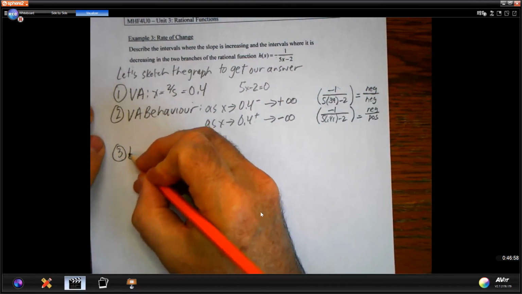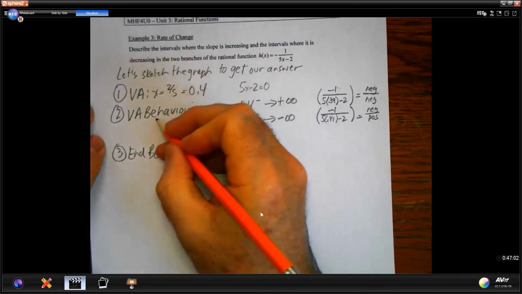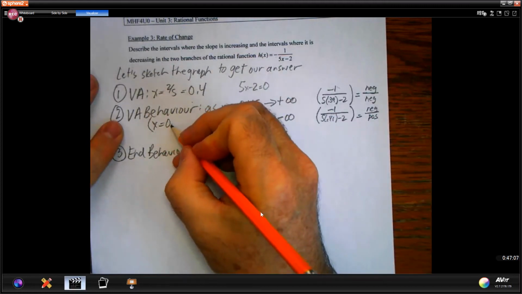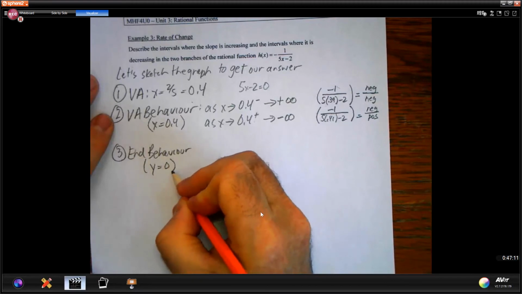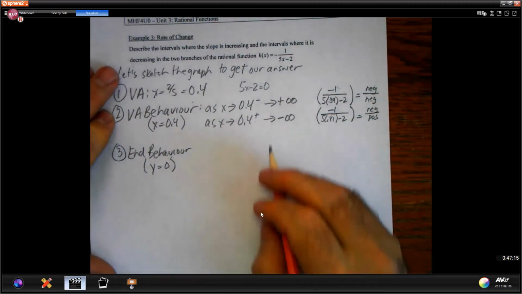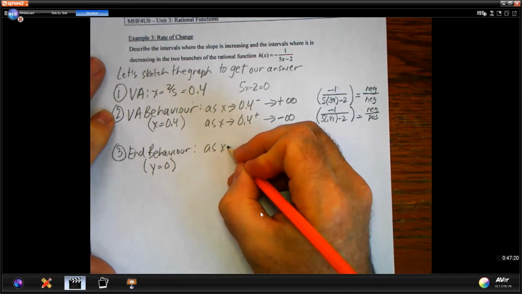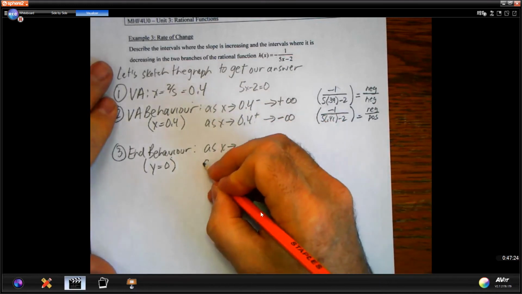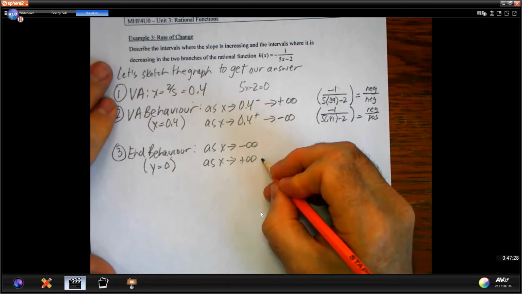Now we do the end behavior. So I'll put, I guess I can put my vertical asymptote here just to make it totally clear, and my horizontal asymptote here, which we know will be y equals 0 because we were told that. Okay, so this time we're saying as x approaches negative infinity and as x approaches positive infinity, what's happening to y?